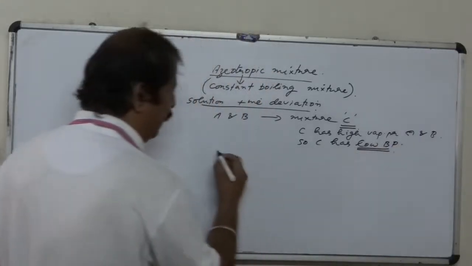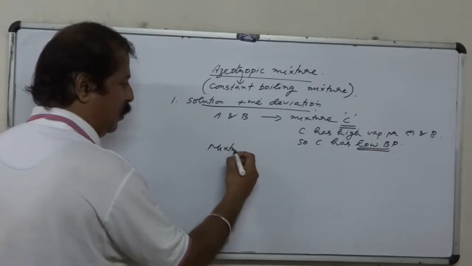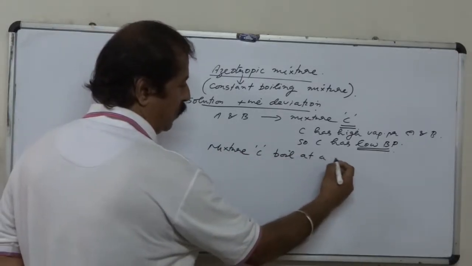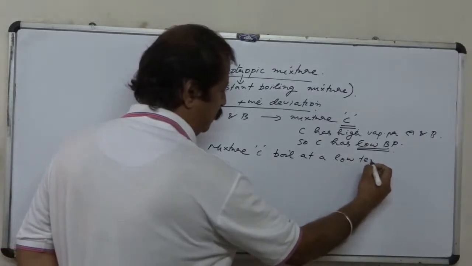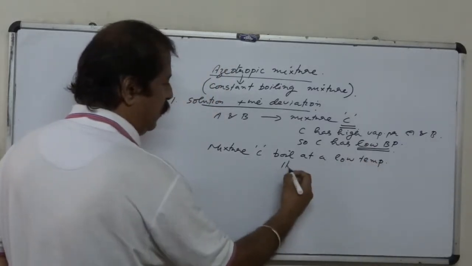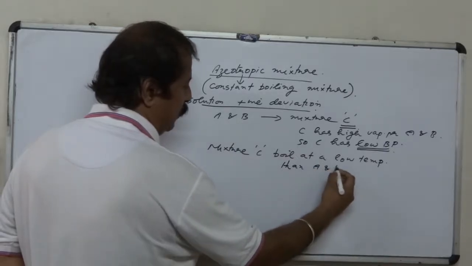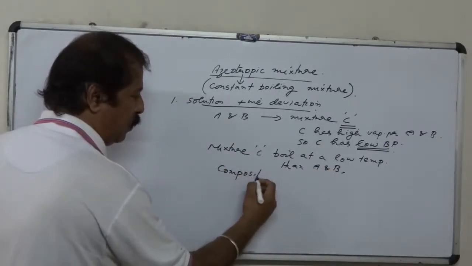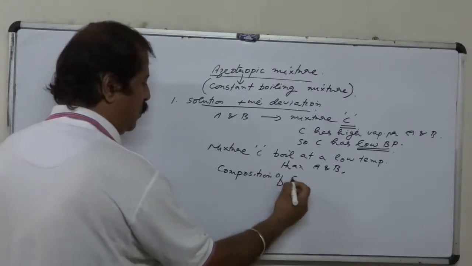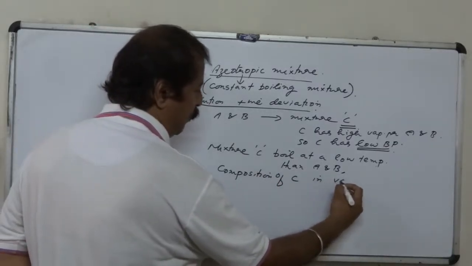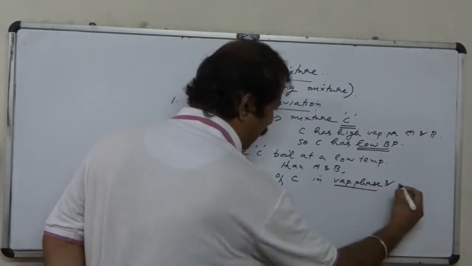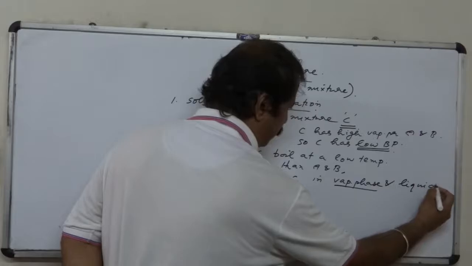So the mixture C will boil at a low temperature than A and B. The composition of C in vapor phase and liquid phase are same.